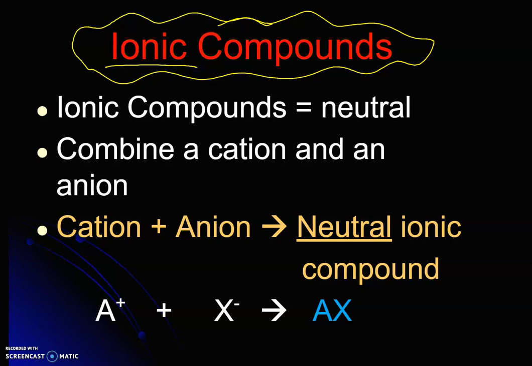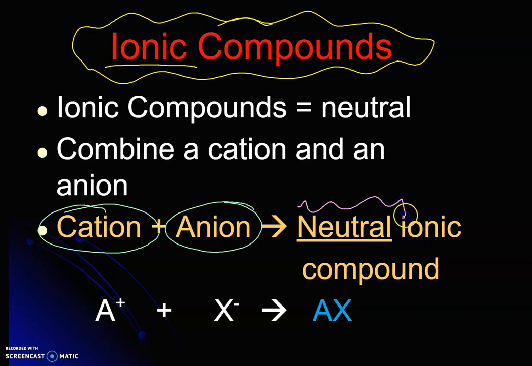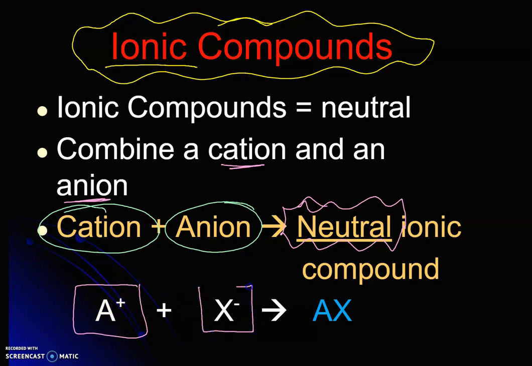All right, so we are bonding a positive cation and a negative anion to make a neutral ionic compound. And we always write the positive first and the negative second. So whatever the general formula is for your cation and whatever the general formula is for your anion, that positive and negative charge are going to attract.